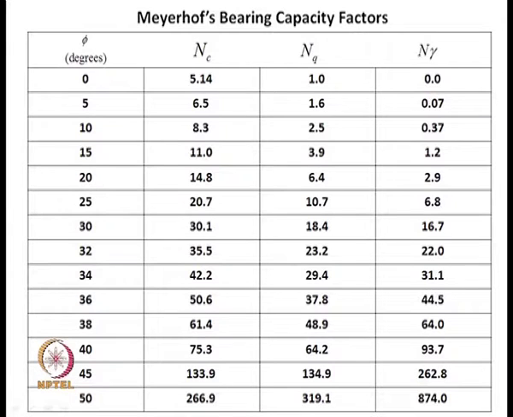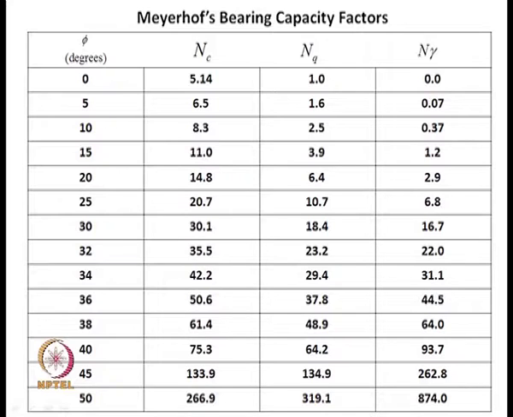Now, here the Meyerhof bearing capacity factors are suggested in this table, because similar to the expressions that Terzaghi has suggested for Nc, Nq and N gamma, Meyerhof has also suggested expressions for Nq, Nc and N gamma.